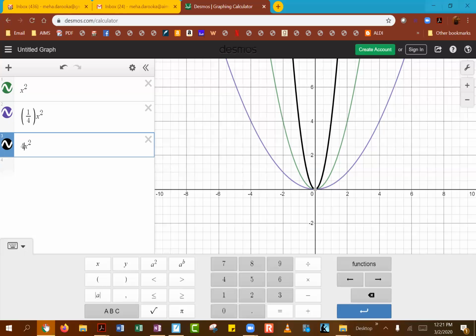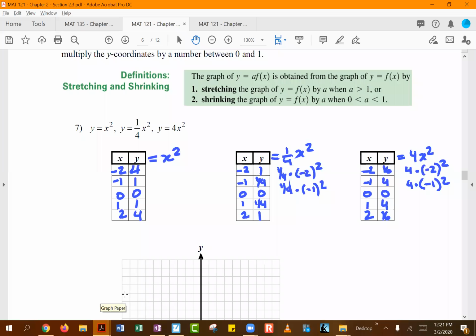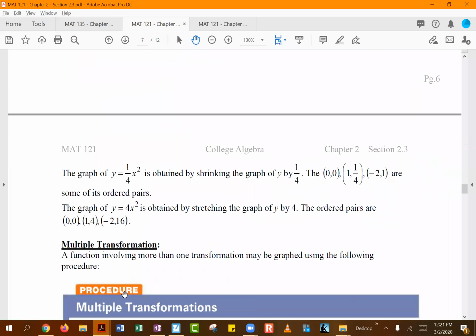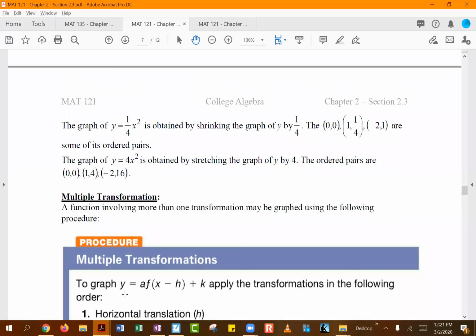So normally we try not to do that, but sometimes my MATLAB is generating those numbers on its own, and you can kind of see some funky stuff showing up in there. It just depends on what they have programmed in there for values, but hopefully nothing too ugly. Okay, all right, guys. So that's our stretching and shrinking.